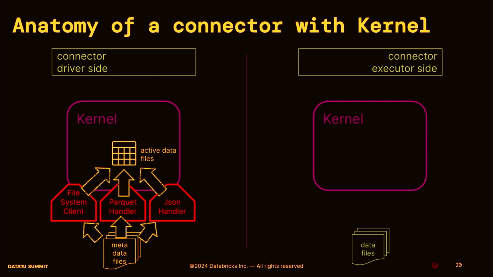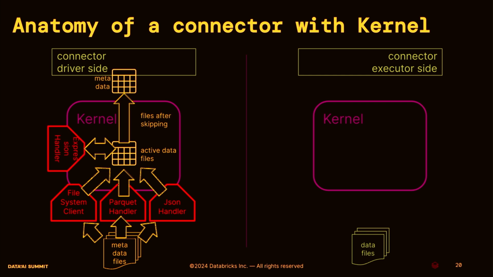On the driver side, the first thing that happens is the file system client and all the engine components are used to read the metadata files and produce, in a tabular format, the metadata itself: the active set of files in the table that you should read. Then the expression evaluator comes in, which is used to apply the query filter that you provided to do additional data skipping, to eliminate files that don't have your data.